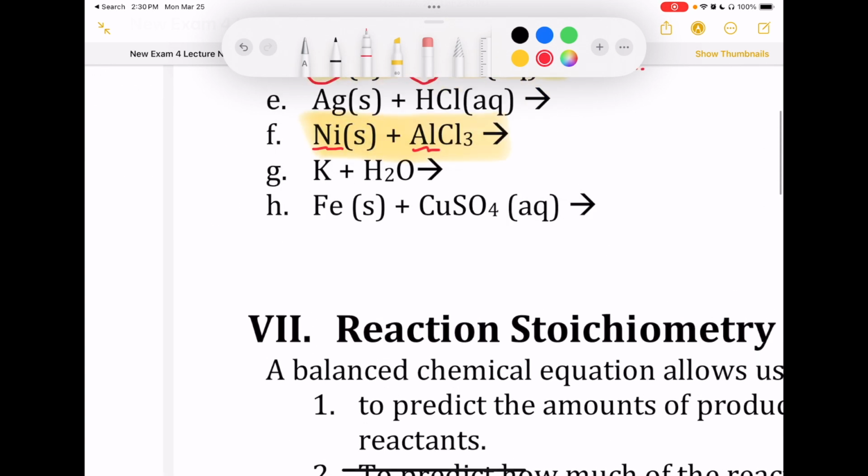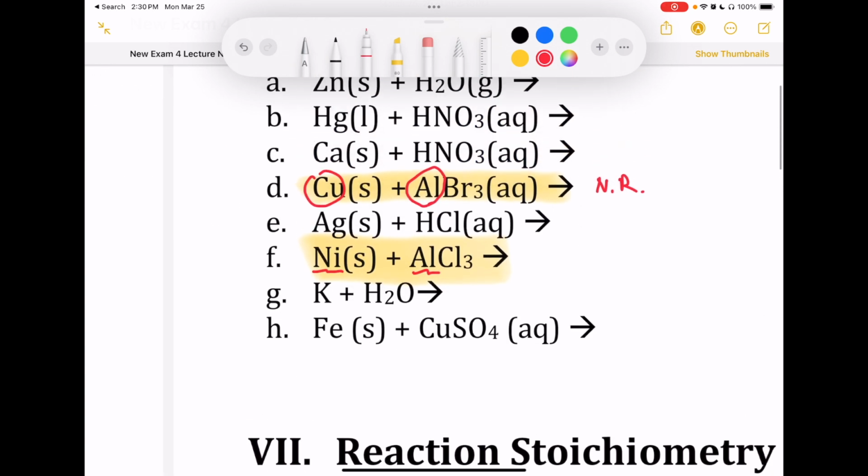So nickel, therefore, is less active than Al. So again, we're going to have to write NR on the product side because nickel is not able to displace aluminum. There's that one more problem there at the bottom for H. I want you to predict what happens there on the product side using the activity series.